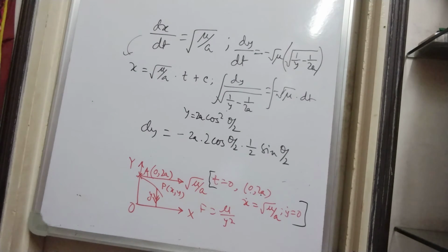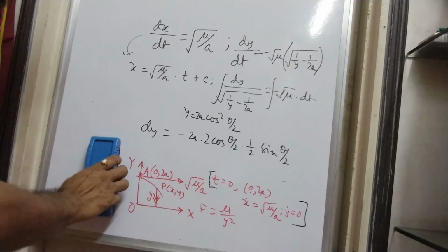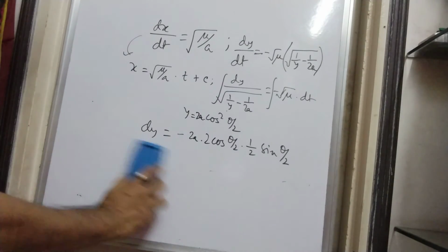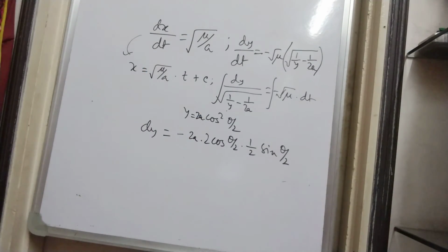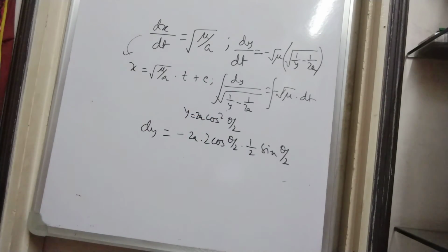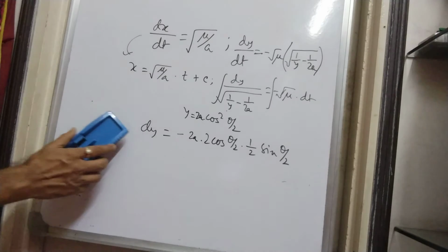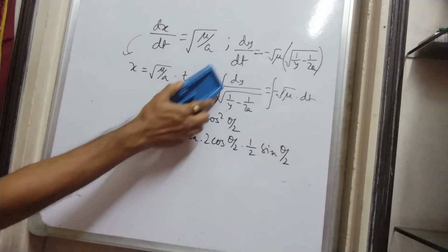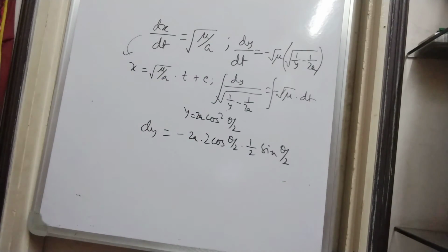Let me do this explicitly. I may wipe this out. I am substituting in place of y 1 by 2a cos square theta by 2. So this 1 by 2a is, just remember this, we will replace dy with this.